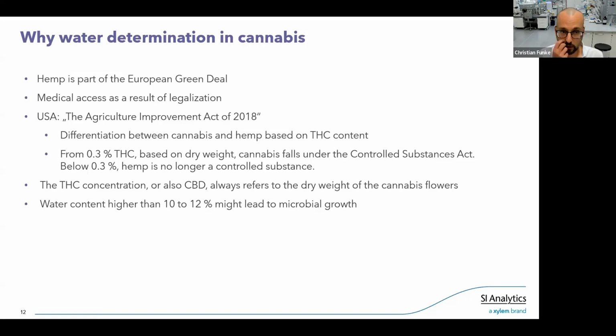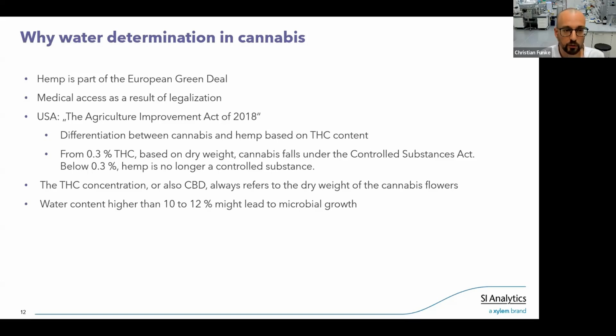The hemp seeds can serve as a healthy food, but also for animal feed. In the European Green Deal, which has the aim to be the first climate neutral continent by 2050, hemp also plays its role.